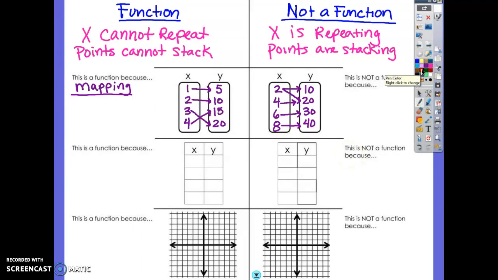So if I look at my notes, if I say this one is a function because the x does not repeat, and I say this is not a function because the x is repeating, what is the difference between these two? How can you tell that this x is repeating and this x is not repeating? How can you tell that this is repeating?